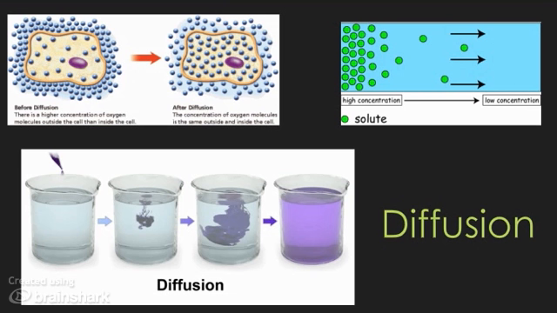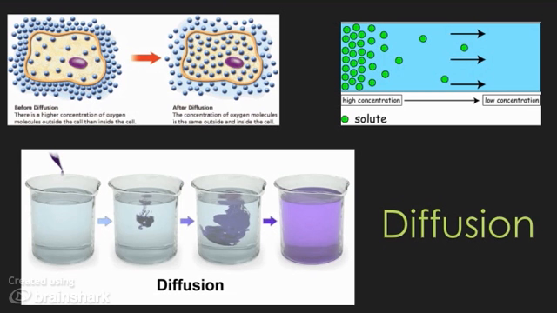And if you move to the top left, you can see a cell. You can see the outside of the cell when it starts is surrounded by a whole bunch of oxygen molecules. The little blue dots are oxygen molecules. And after diffusion, to the right of the arrow, you can see that the oxygen molecules are equally spread out through the inside of the cell and the outside of the cell.